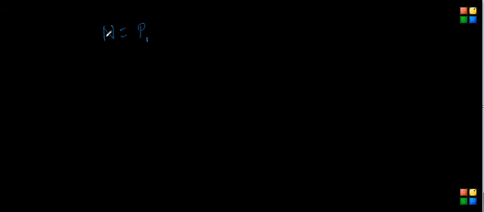Let's say I'm writing n as p1 to the power a into p2 to the power b into p3 to the power c, and so on and so forth, where p1, p2, p3 and so on are the prime numbers and a, b, c are any whole numbers. So prime numbers form the basis of writing down all natural numbers.